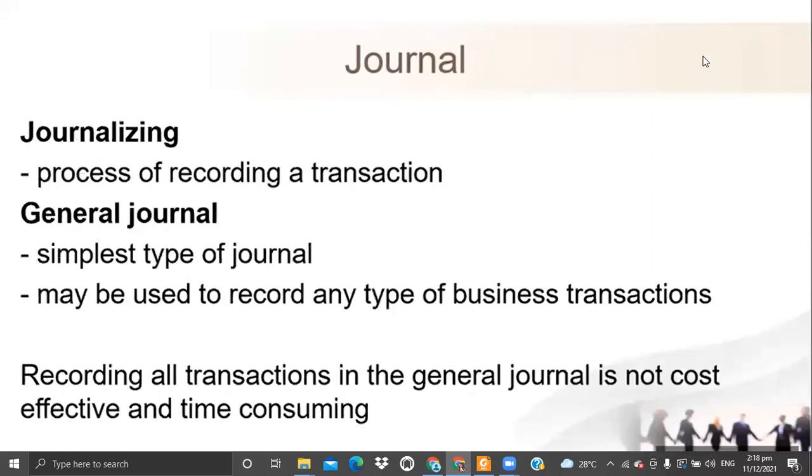The general journal is the simplest type of journal and may be used to record any type of business transaction. So whatever kind of business transaction, we can record it in the general journal. It is general-purpose. After you graduate in accountancy, there are general ledger accountants and general accountants who normally handle these books.